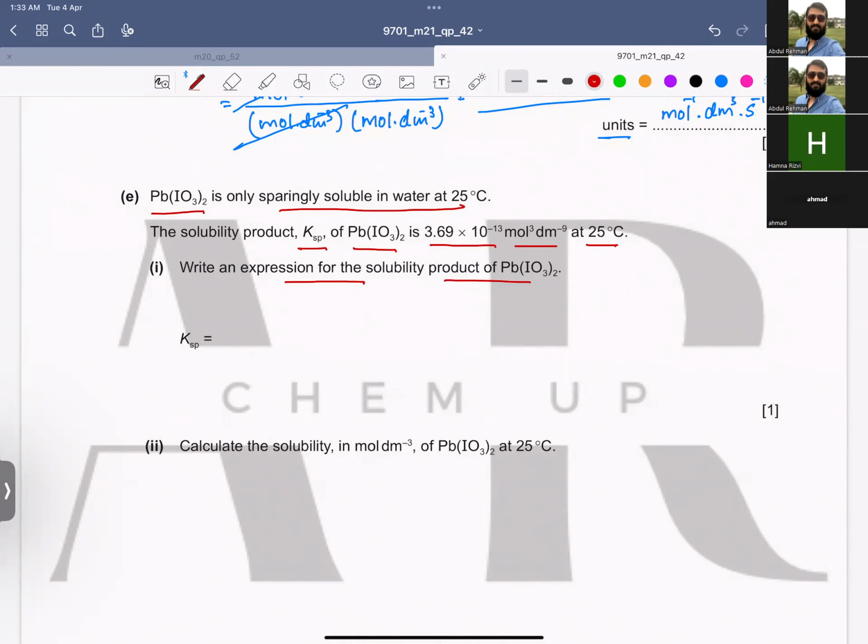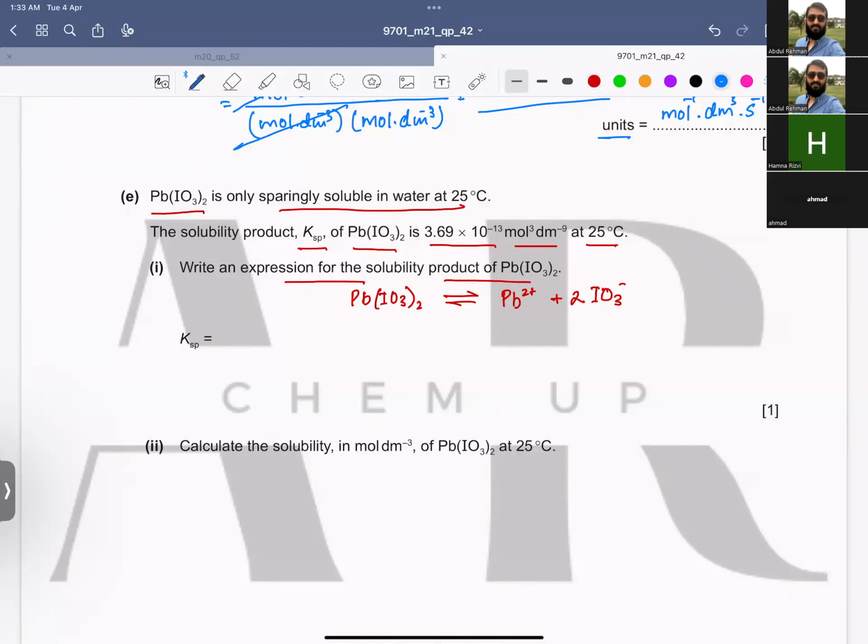Okay. So first make the chemical equation for the dissociation of lead iodate in water. So I'm going to get lead ions with a 2 positive charge and 2 moles of iodate ions.